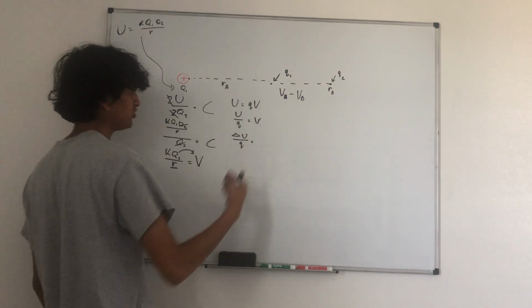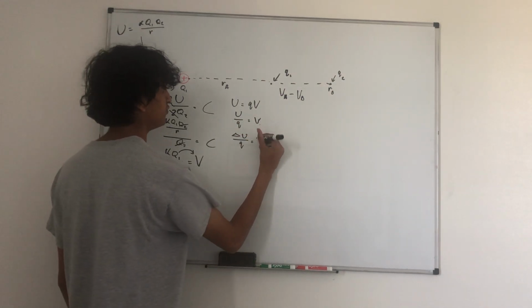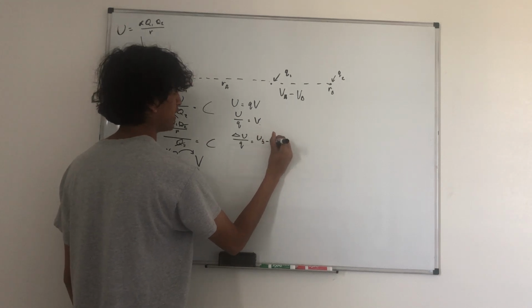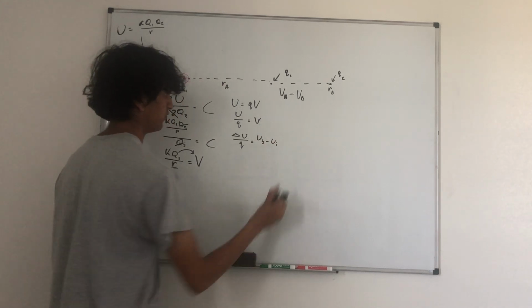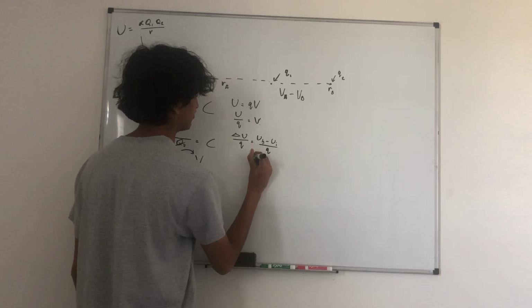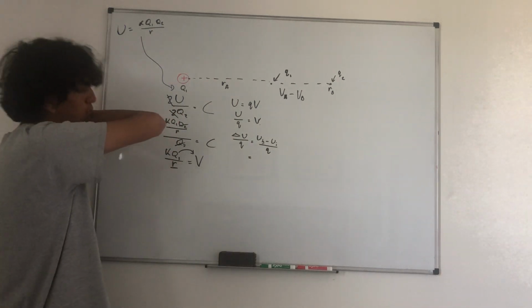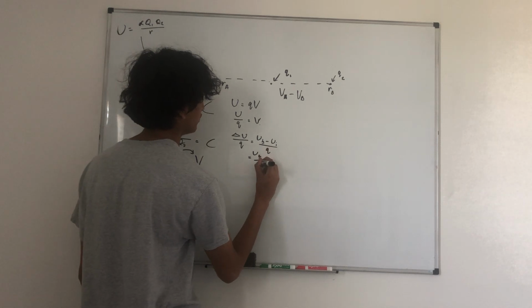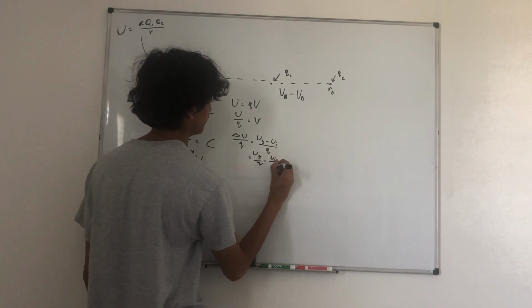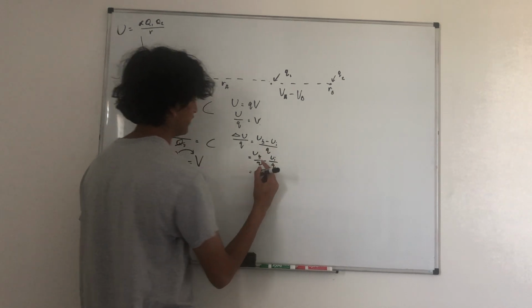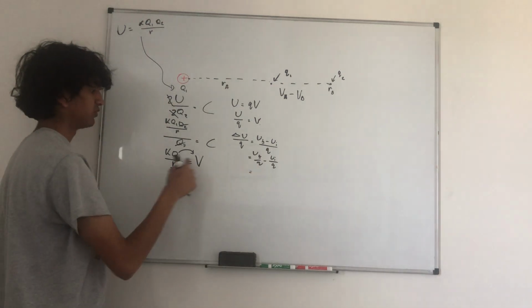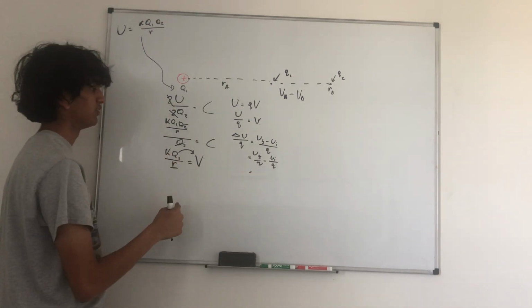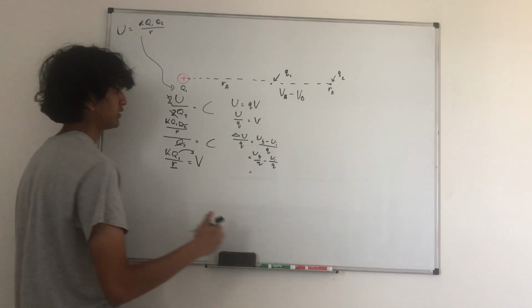So the change in U is U final minus U initial, over Q. Then I can split up the fraction: U final over Q minus U initial over Q. And U final over Q, well, that's just K Q1 over R.